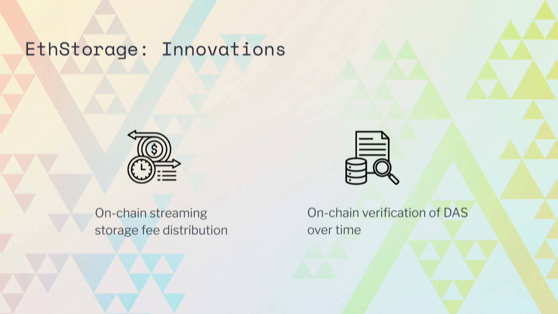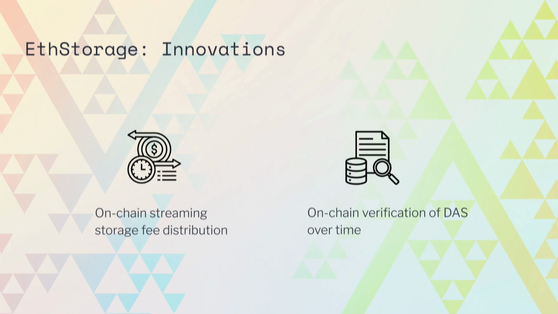How are we able to achieve those features? There are two major innovations that we invented during the development of EthStorage. The first is to build an on-chain streaming storage fee distribution. Why? Because there's a huge misalignment of the storage incentive system on the existing Ethereum network.